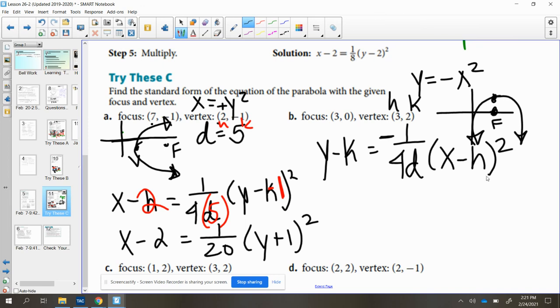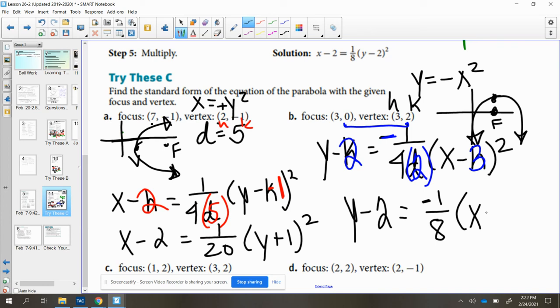And from here, we have our vertex h and k, 3 and 2. And our distance, we had to move to get from 2 to 0. Our d value is 2 units, and we already accounted for the negative out front here. So when we simplify, we have y minus 2 equals -1/8 x minus 3 quantity squared.